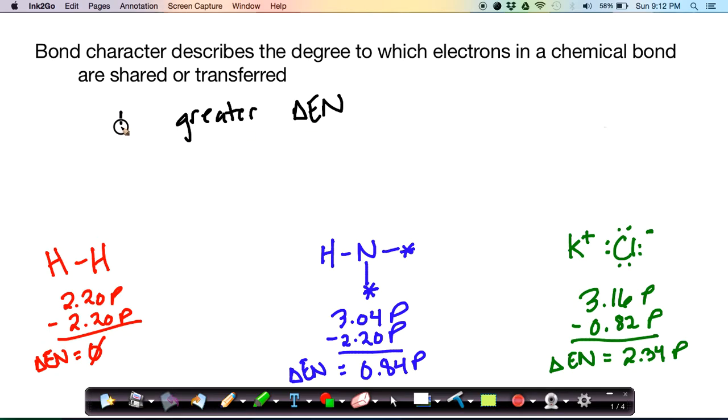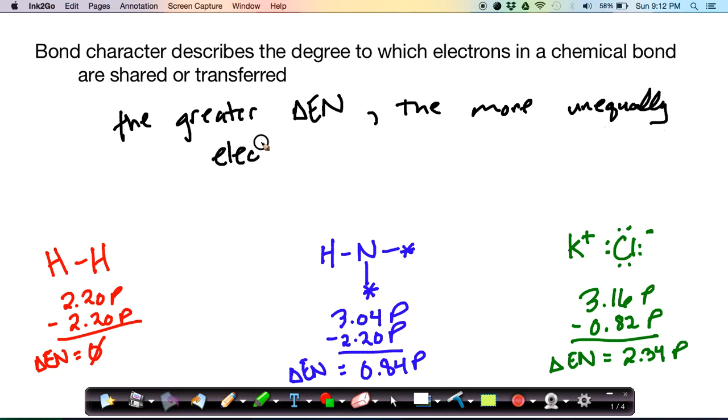So let's write it this way. The greater the electronegativity difference, the more unequally the electrons are shared. Or another way of saying unequally shared electrons, maybe we could say the more ionic that bond would be.